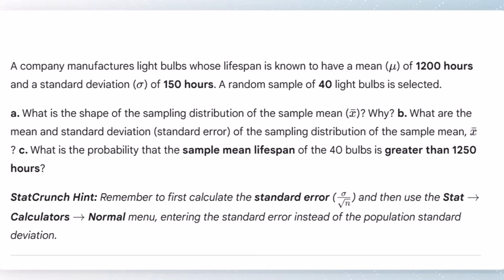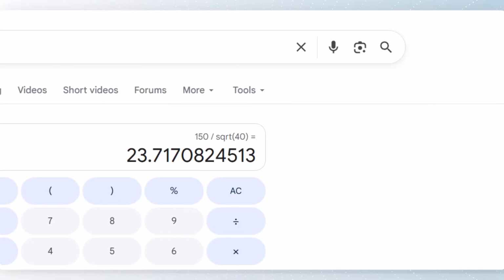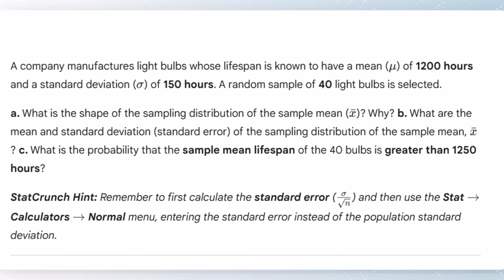So it will be 150 divided by the square root of 40. I have done the calculation, guys: 150 divided by the square root of 40 is 23.72. So to answer part B, the mean will be 1200 and the standard deviation will be 23.72.